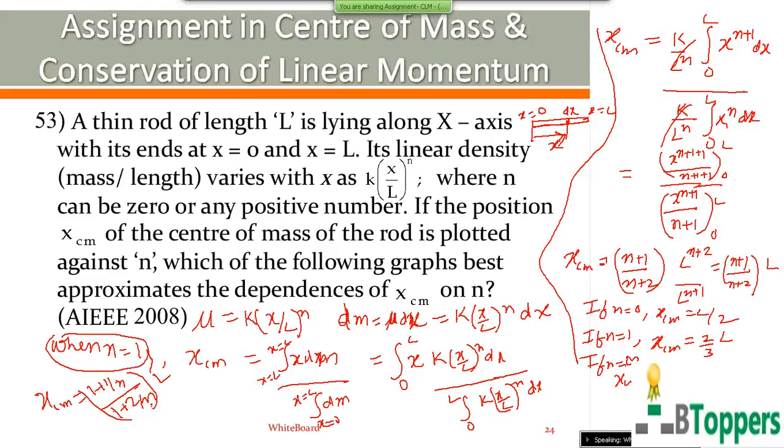So you have to see where all these conditions tally. That means in which one of the graphs you get, for n equal to 0, XCM equal to L by 2. Those who want to copy the solution of the problem can take a pause and copy it. In which one of the graphs are all these three conditions fulfilled? Look at the graph again.